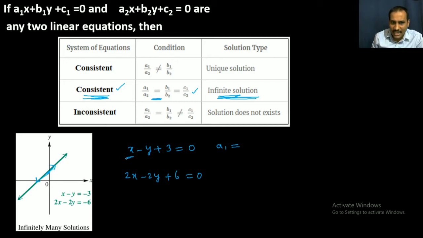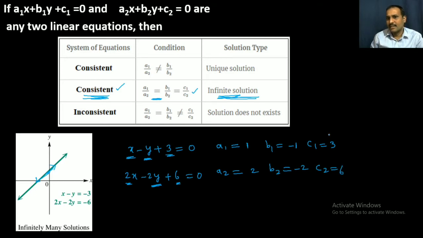Then a1 is 1, b1 is the coefficient of y, that is minus 1, and c1 is the constant term, that is 3. And here a2 is 2, b2 is minus 2, and c2 is the constant term, that is 6.